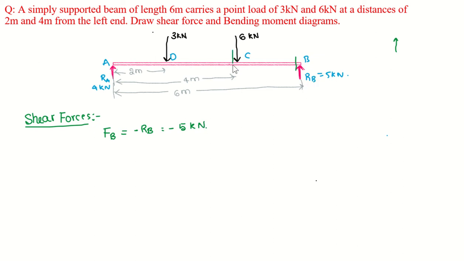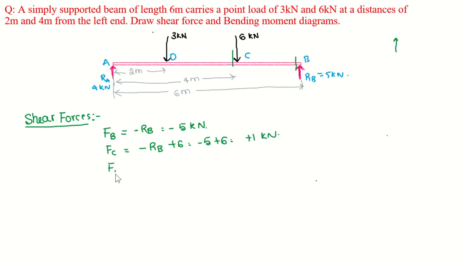Now if we consider the shear force at C, that is again the algebraic sum of forces up to the section I am considering. I am coming from right to left, so I have to take the sum of the forces to the right of my section. How many forces do I have? This is minus RB, which is acting upwards. When I take that force upwards, the downward force will be positive, plus 6, that is minus 5 plus 6, that is plus 1 kilonewton.